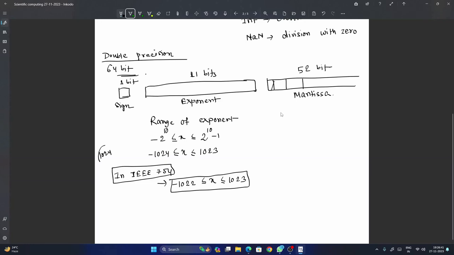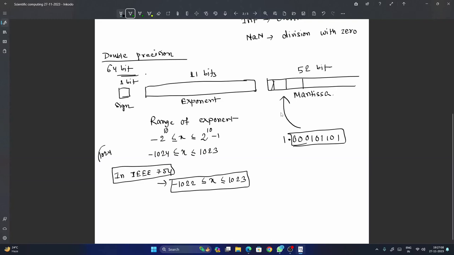So suppose after the conversion you have a normalized mantissa like 1.000102... this type of mantissa. Basically in IEEE 754 it always saves only the portion after the point in the mantissa part, not with the 1.